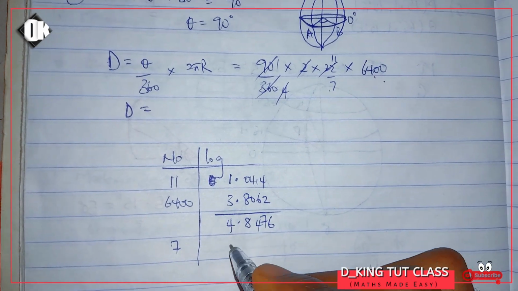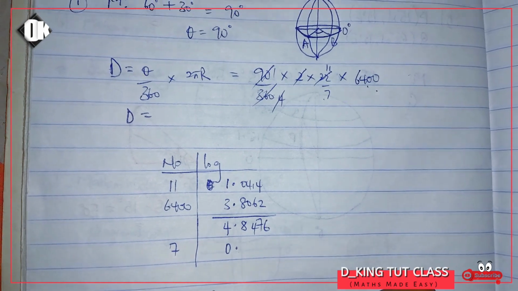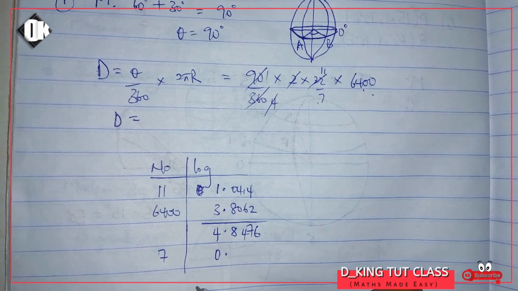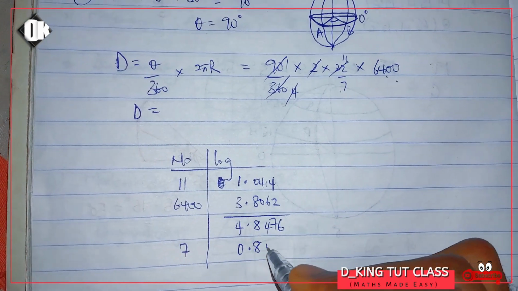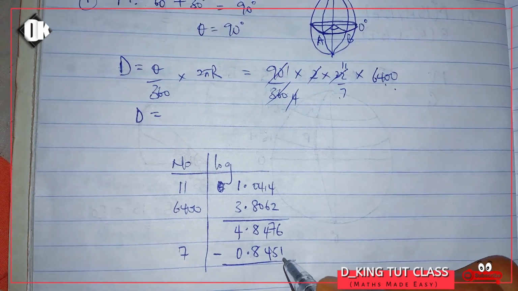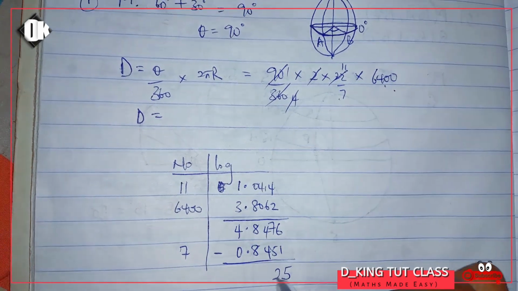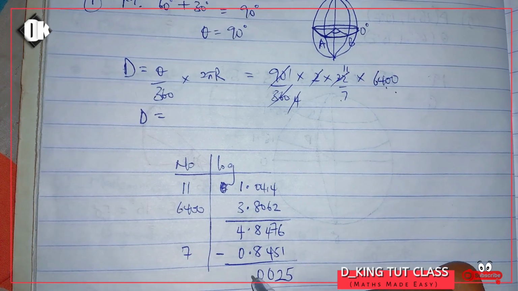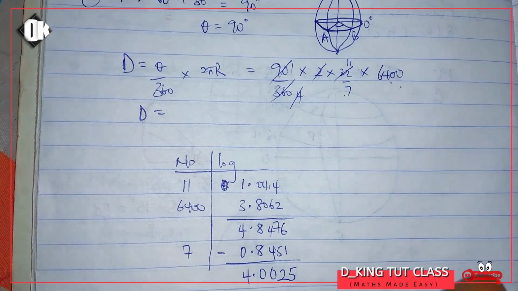Now 7 is 0 point, then 70 under 0 now becomes 8451. Subtracting now, because I'm dividing, that becomes 5, 2, 0, 0 point 4.